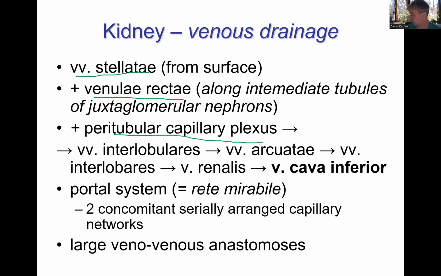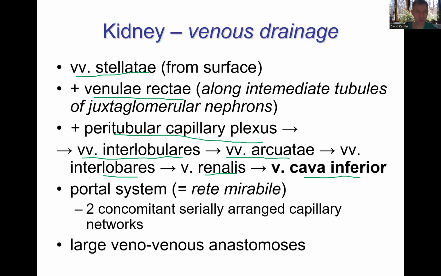The capsule is supplied by capsular branches of the interlobular arteries and drained by so-called stellate veins, which really look like small stars or small spiders on the surface of the kidney. And then the venules merge into interlobular, arcuate, interlobar, and finally the renal vein draining into the inferior vena cava.